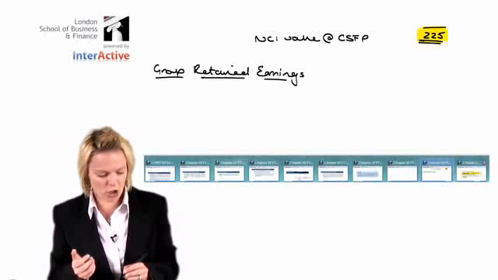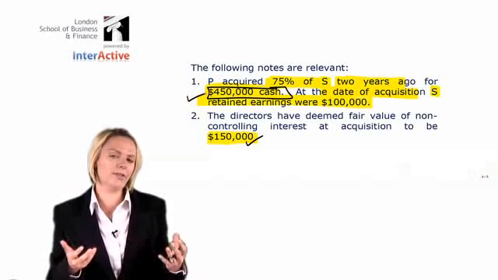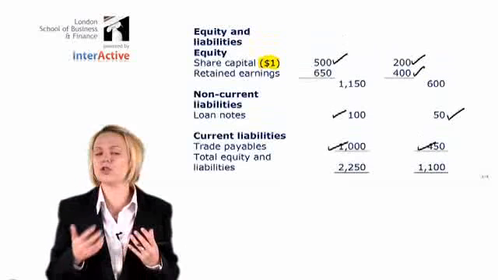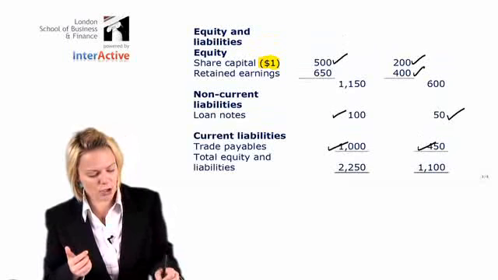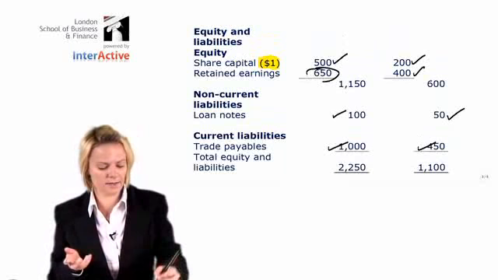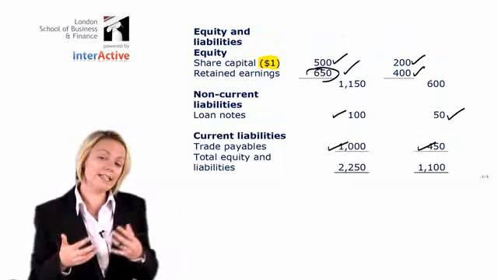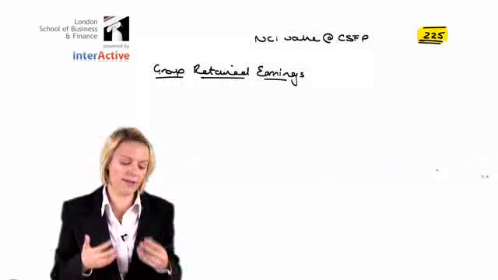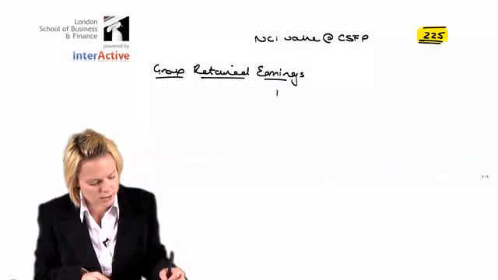Now, if you go back to the question, notice we've dealt with everything in notes 1 and 2, and we've dealt with every item on the statement of financial position, with the exception of the parent's retained earnings of 650. Well, that is the final figure that we're going to start off with in group retained earnings.